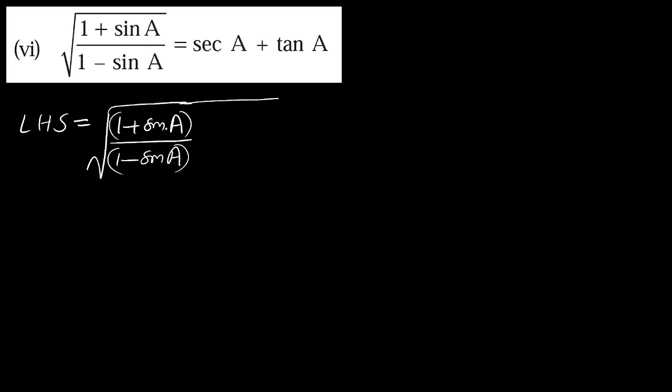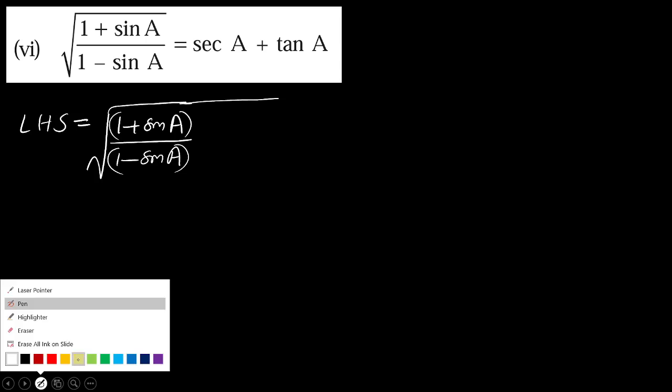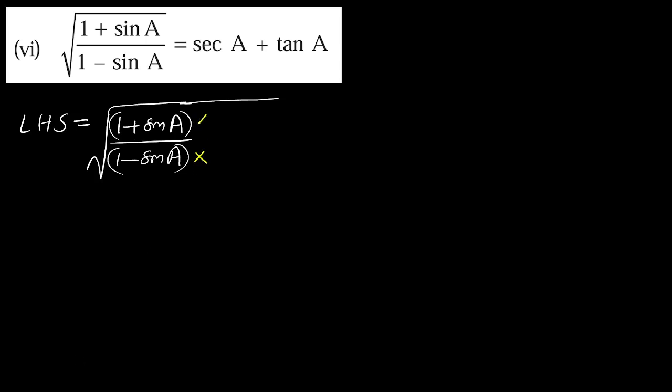If you see this type of question, you have to multiply numerator and denominator by the conjugate of the denominator. Please remember this type of question. Only this method is possible, no other technique is possible.